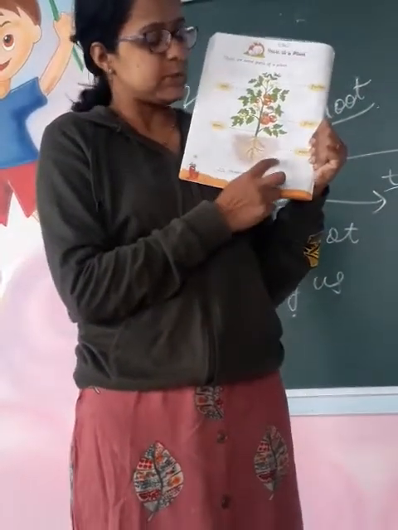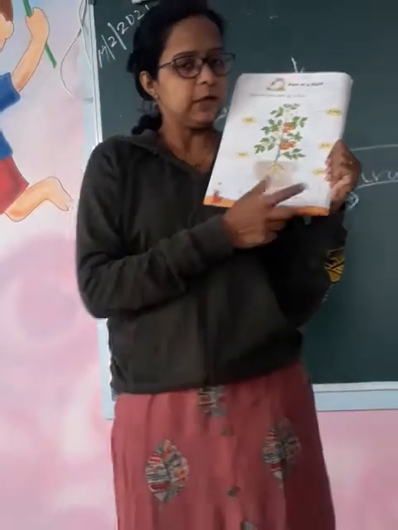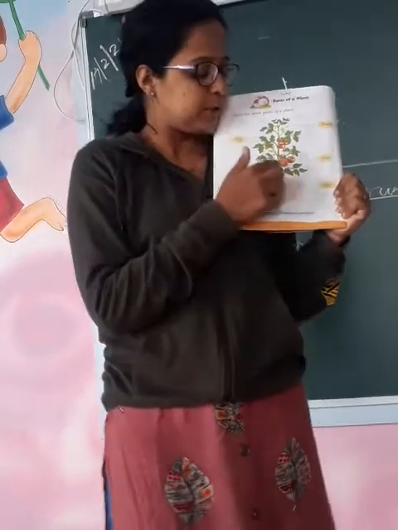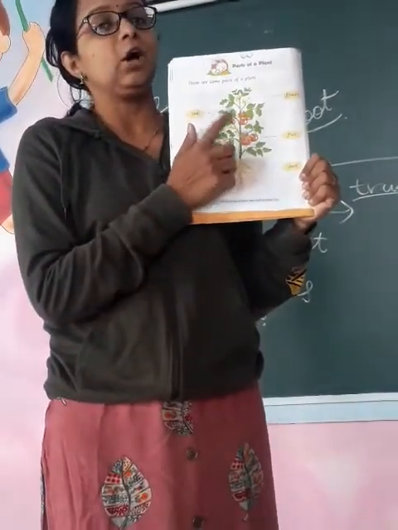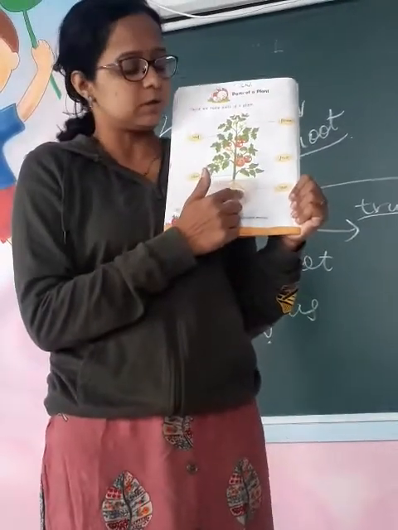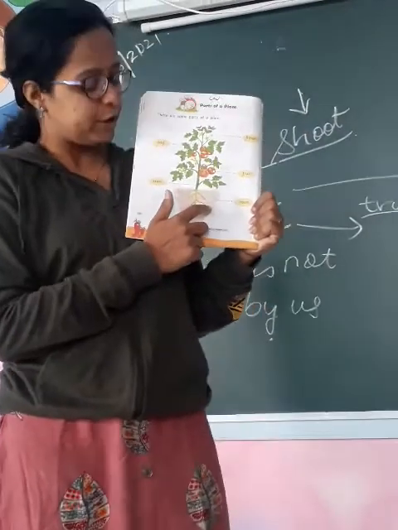The root is very useful in growing a plant, because whatever vitamins or nutrients the ground has are passed to the tree or plant with the help of the root. So ROOT, root, is the first part of the body.